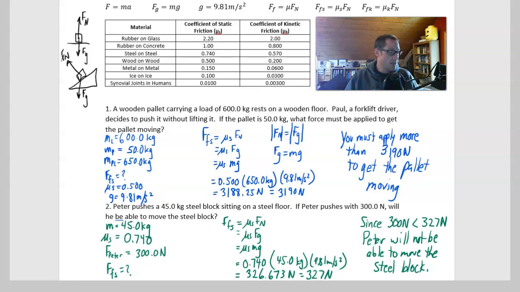And number 6, again, what is the smallest force? So here you're trying to find out what the static force is, and so same sort of thing. Question 7, find the static force and then compare it to the person pushing.